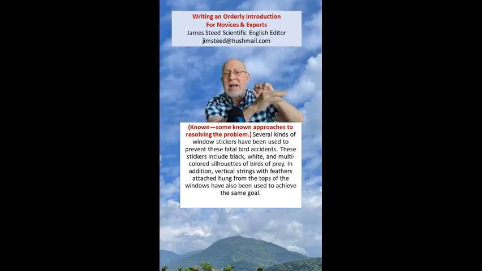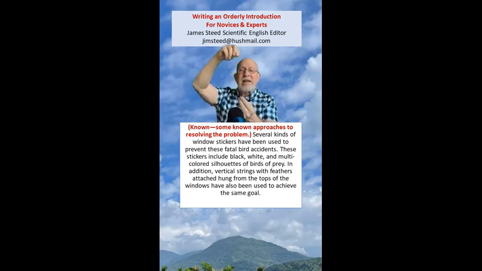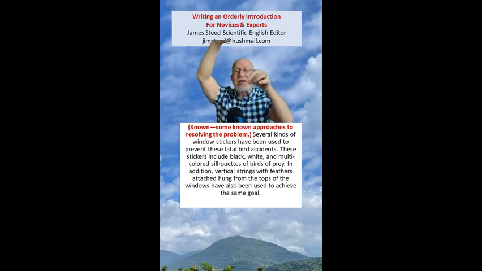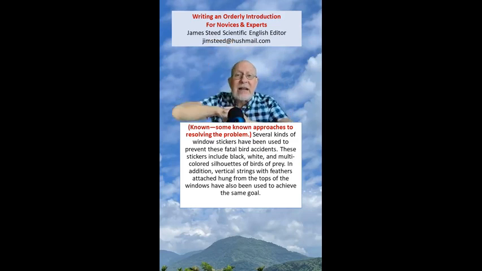Silhouettes mean shapes of birds of prey. Birds of prey are birds that eat other birds. All right, so they look like a shape of a bird that eats other birds. In addition, vertical strings with feathers attached, hung from the tops of windows, have also been used to achieve the same goal. Okay.